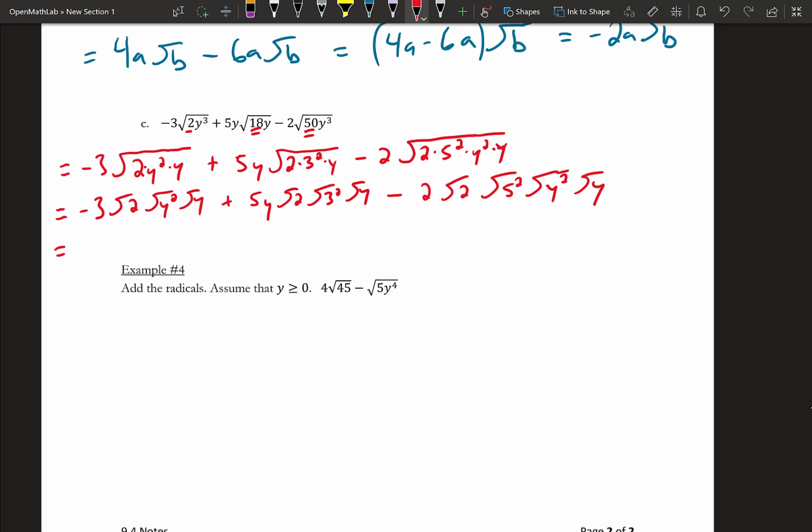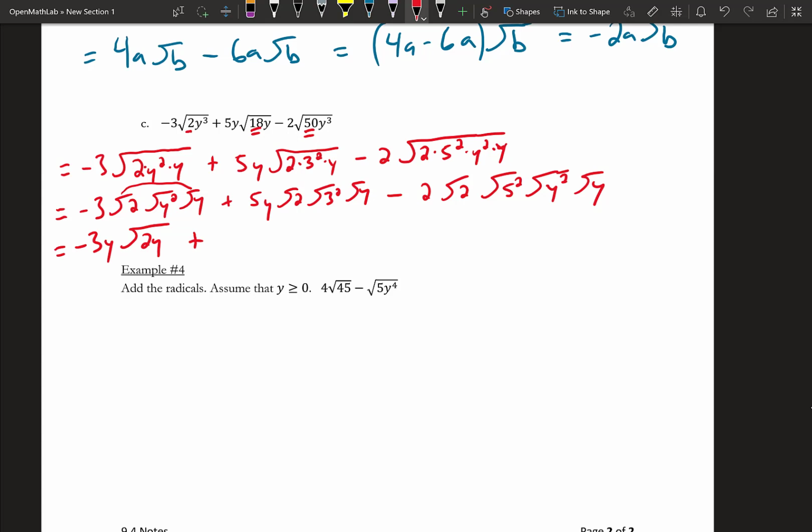So then this first part, y squared just becomes y, so I would have negative 3 times y. And then these two, I can apply the multiplication property of radicals and just rewrite that as the square root of 2y, right, because they have the same indexes, and we're multiplying them. So this would be plus, and similarly here I want to clean this up.